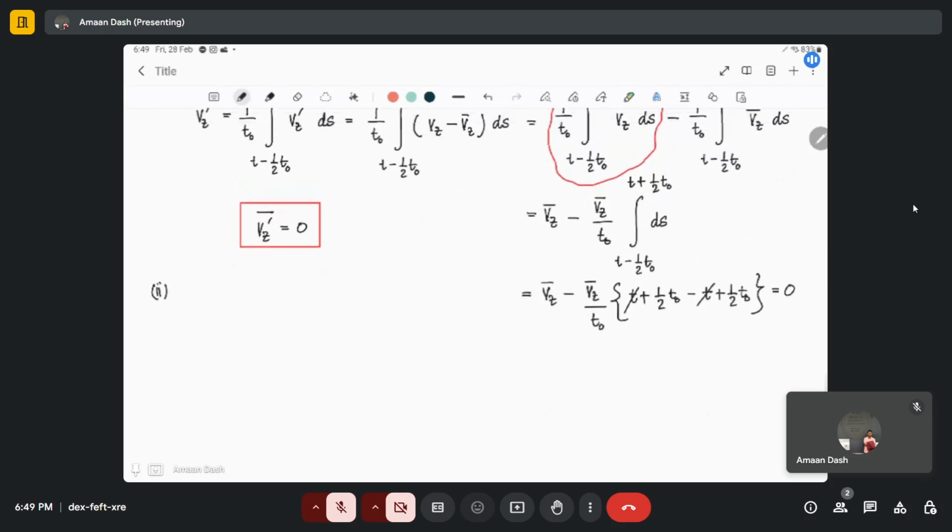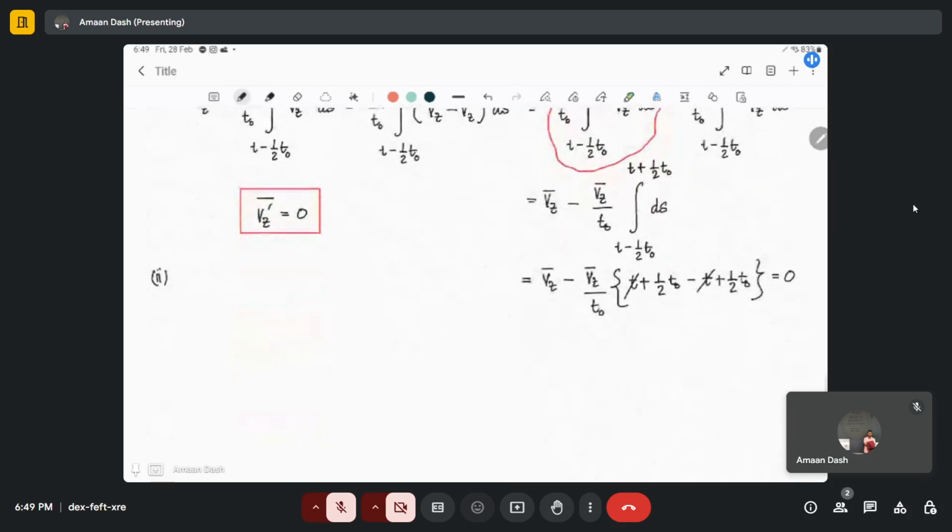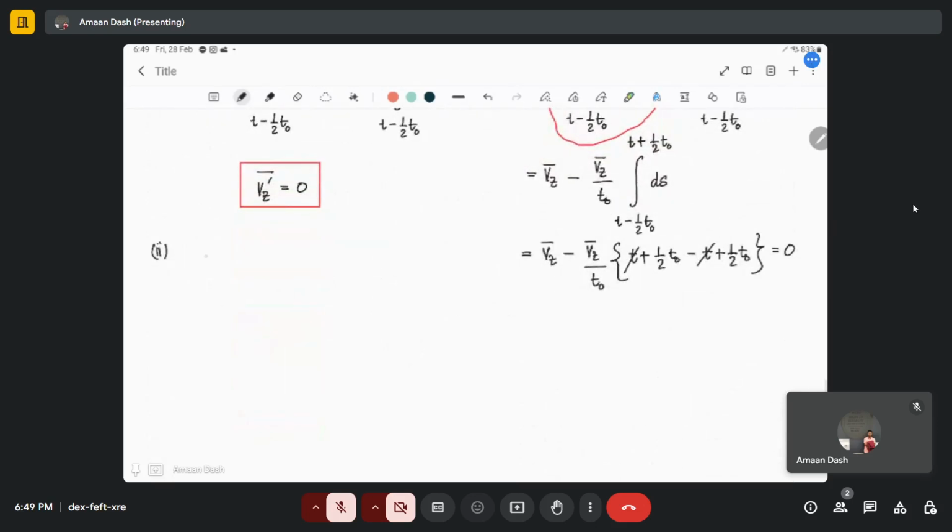There are many other observations that we can write. One is Vz bar, which is the average time smooth velocity. If we take the average again of that, it will be nothing but the same as Vz bar.